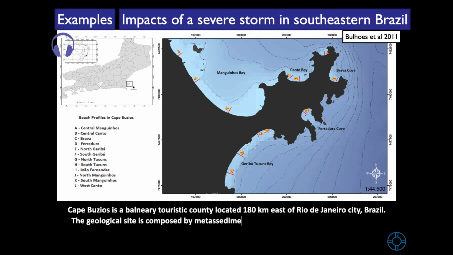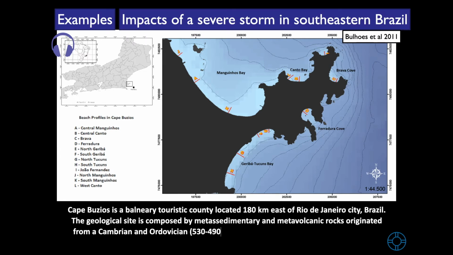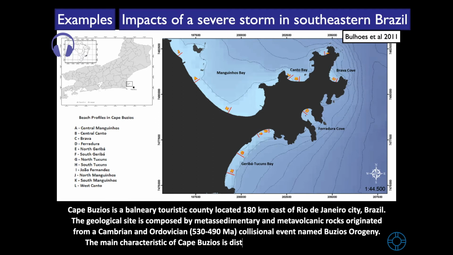The geological site is composed of metasedimentary and metavolcanic rocks originated from a Cambrian and Ordovician collisional event named Búzios orogeny. The main characteristic of Cape Búzios is distinct structurally controlled beaches. Those are oriented to many directions, as we can see in this map.